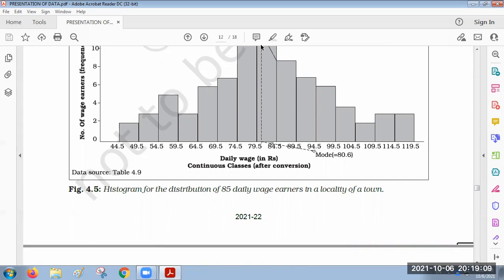Because you are going to join the bars. 44.5 to 49.5, and the next class starts from 49.5, and the next from 54.5. The ending point of one bar and the starting point of the next bar are the same. That is why only for continuous series can you draw a histogram.